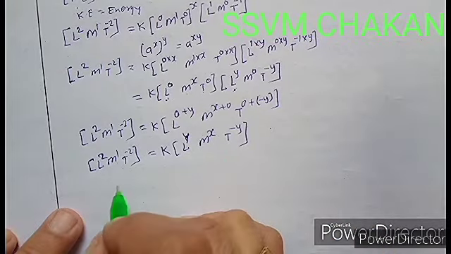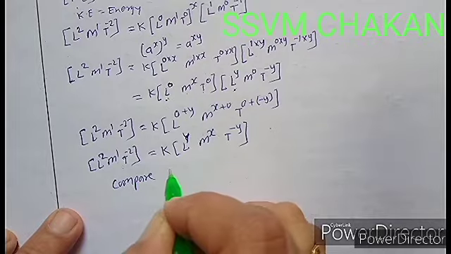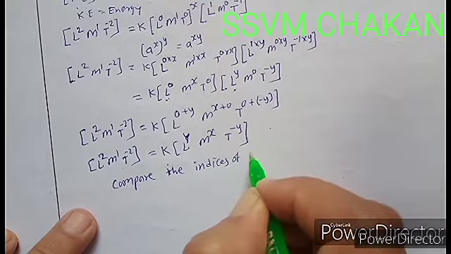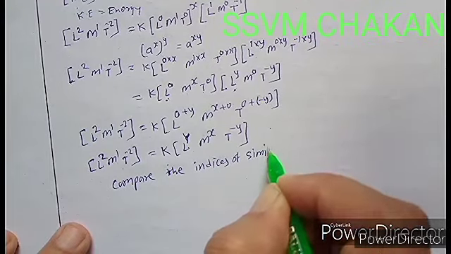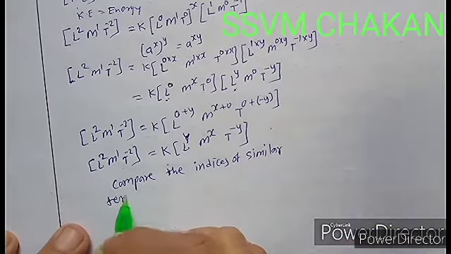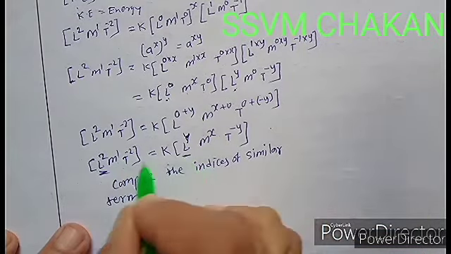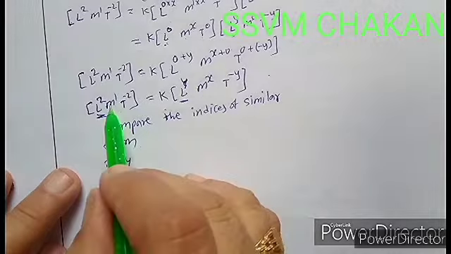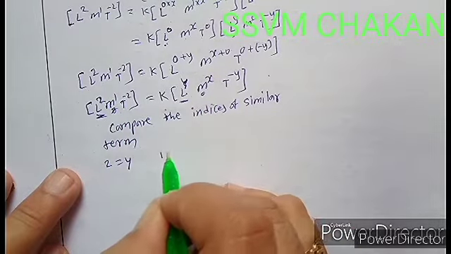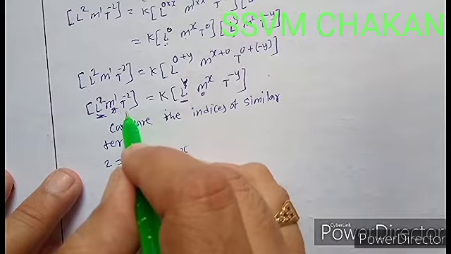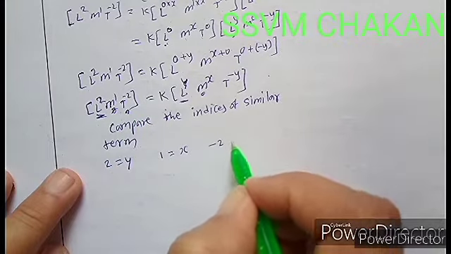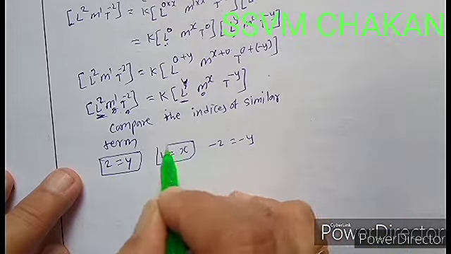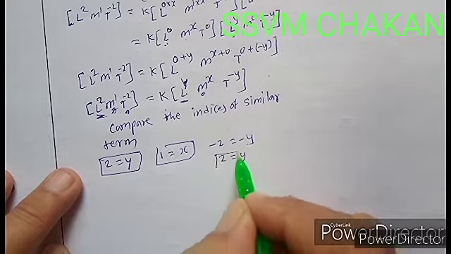Compare the indices of similar terms: for L, 2 is equal to y; for M, 1 is equal to x; and for T, minus 2 is equal to minus y. So we get y is equal to 2 and x is equal to 1.